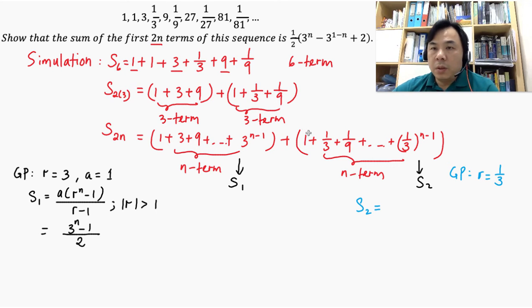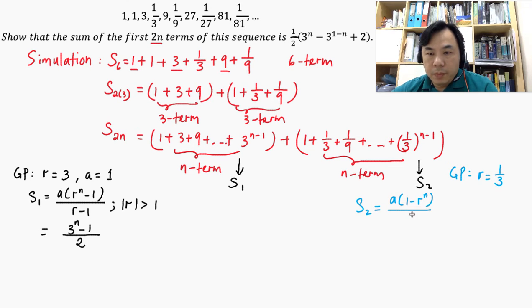The first term is still the same, it's still 1. So by using the same formula, sorry, it's a different formula. It's supposed to be a(1 - R^n) over 1 - R, given that the magnitude of R must be less than 1. So that's the reason why I'm using this.